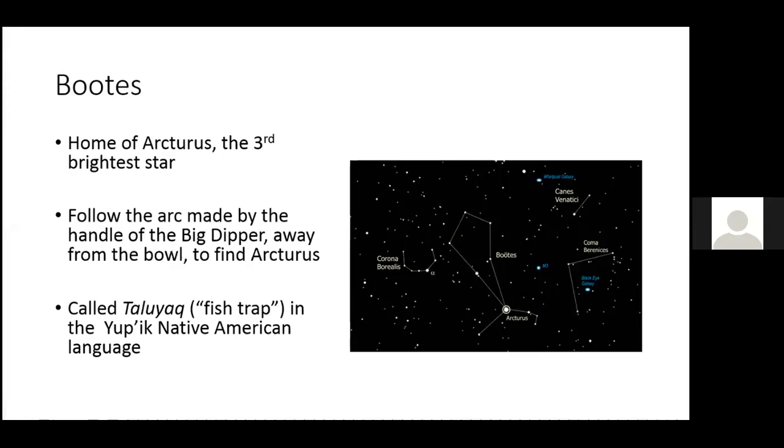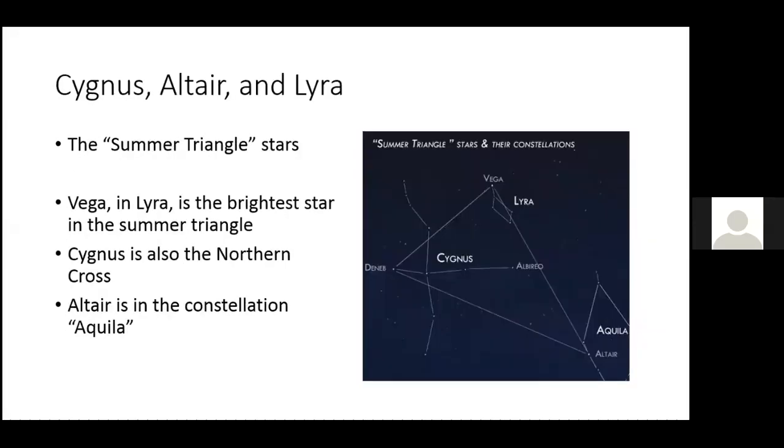All right, let's see what is next. The summer triangle stars. These are kind of fun to find. They're pretty easy to find once you recognize them. They have some very recognizable stars in them: Altair, Deneb in Cygnus, and Vega in Lyra.